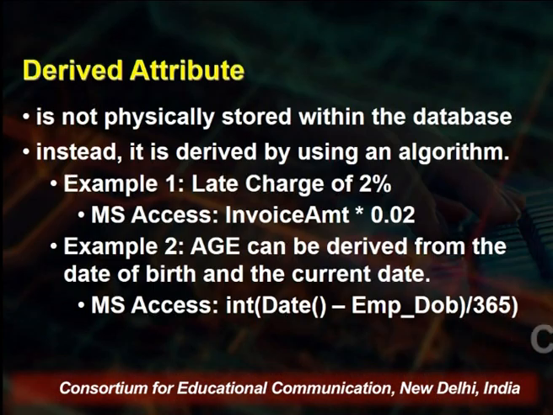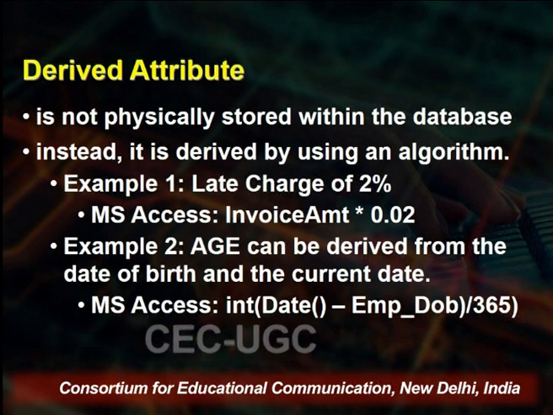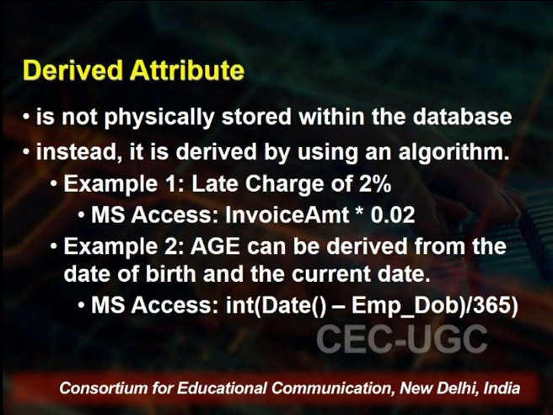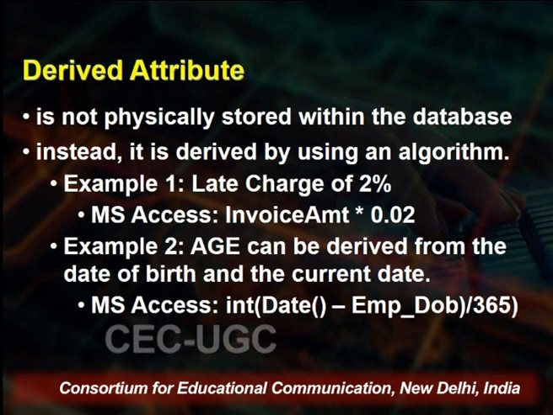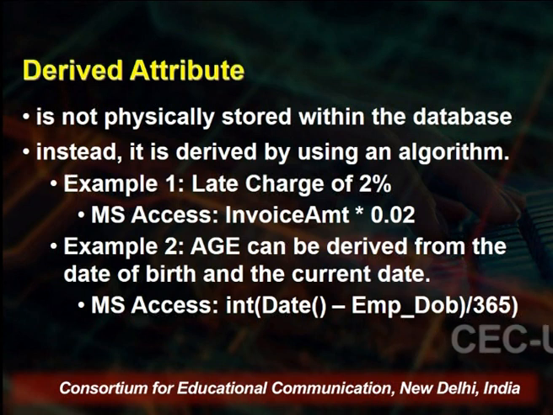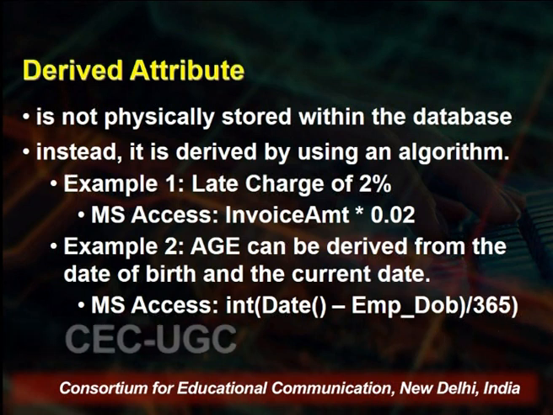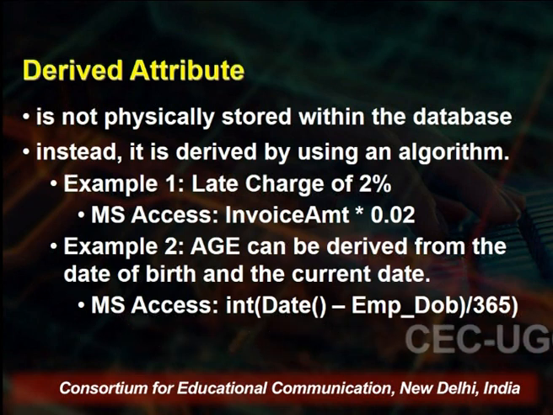Now, coming to the derived attribute. Derived attribute is something which represents an information which is not physically stored within the database. So, for example, the simplest example of the derived attribute is age. For example, I have stored the date of birth of an employee, and now if I want to find out the age, this age can be derived from the date of birth and the current date.